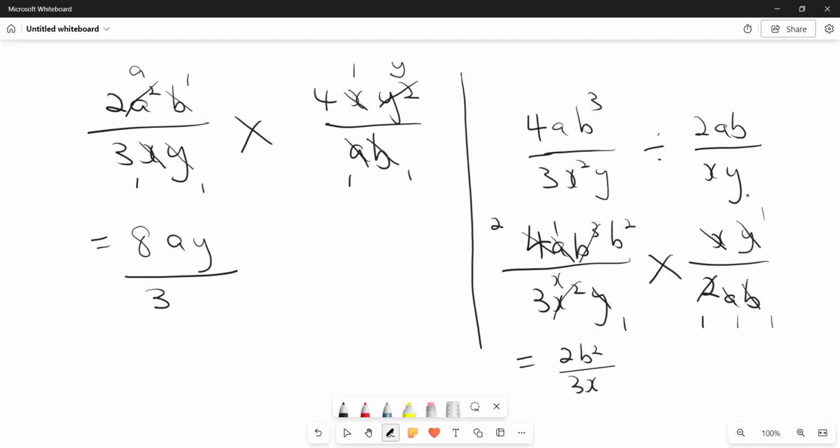It's two separate letters multiplied by one another. It's the same as you have here, 4AB cubed. They all multiply one another. 4AB cubed is 4 multiplied by A multiplied by B cubed. 2AB means 2 multiplied by A multiplied by B. You don't normally write the multiplication sign. You just drop it out.